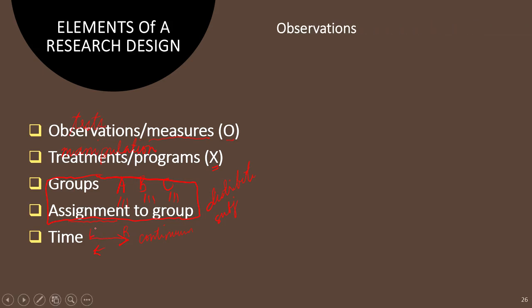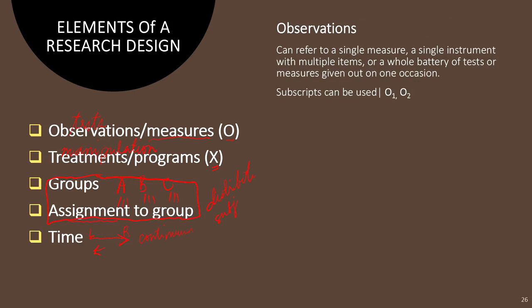Okay. So let's take a closer look at what these are. Observations can refer to a single measure. Pwede kang mag-test. Okay. So ano ba yung tinetest natin? Ang tinetest natin ay yung effect sa ating dependent variable, or rather the effect sa ating subject, which is we measure our dependent variable.